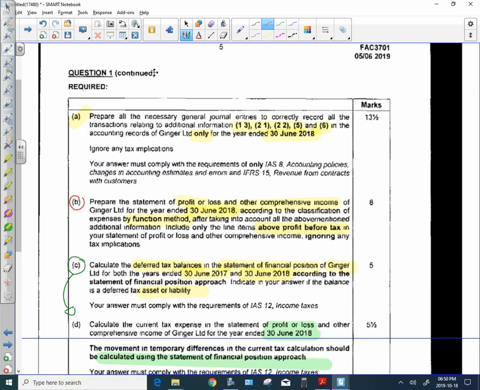I think it would make sense if you wanted to reverse it in full and then account for the right one. I think you have both options. If they asked you for the correcting journal entries, then sometimes they're specific in wanting you to account for the difference. The net effect will be the same, yeah.